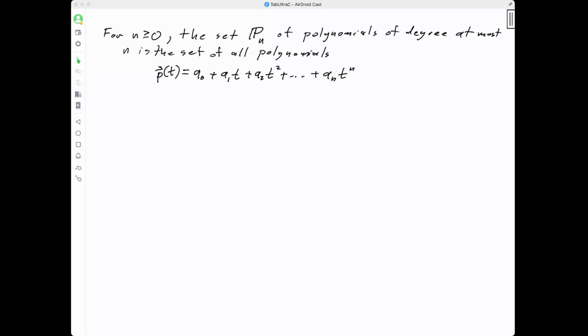Each of the coefficients a0 through an are different constants, different scalars, and t is our variable. So we define p this way. And we can also define another vector in our vector space, q, as, let's use the letter b.